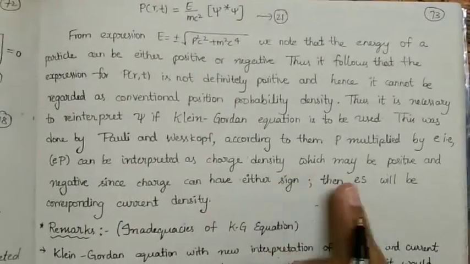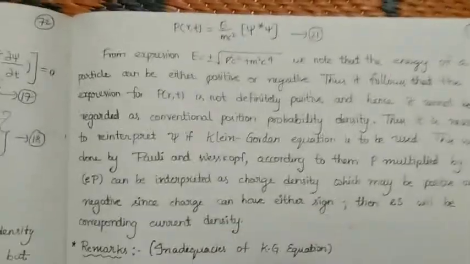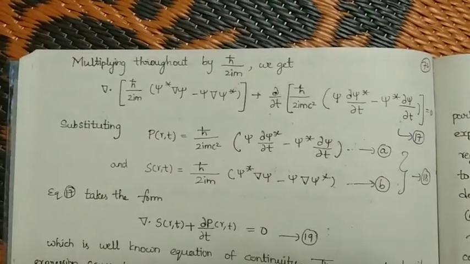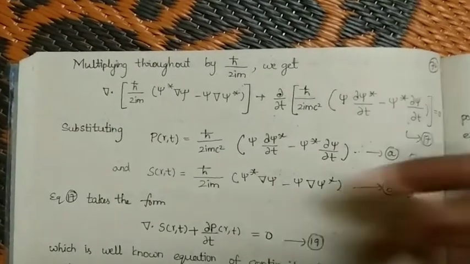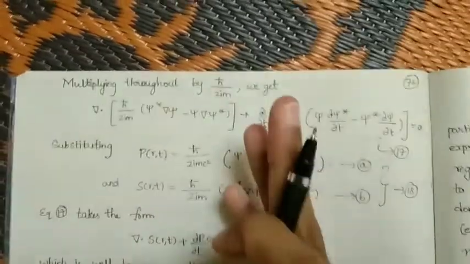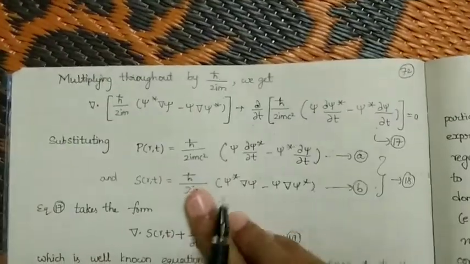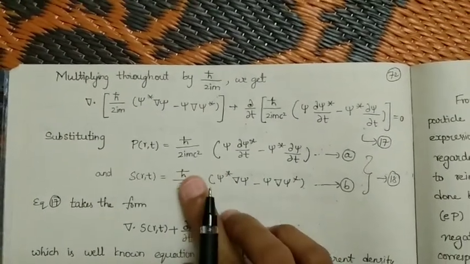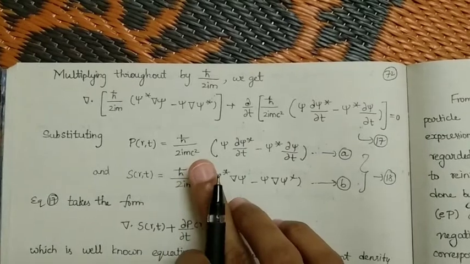At the same time, e times S will be the corresponding current density, they are saying. Current density means current flowing per unit area. Here h cut by m is there. One formula for energy is h nu, and another formula for energy is mc square, so h nu has the same dimensions as mc square.